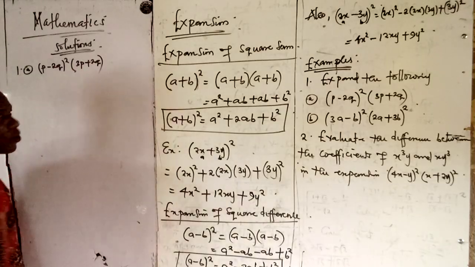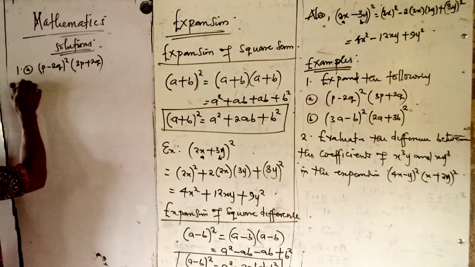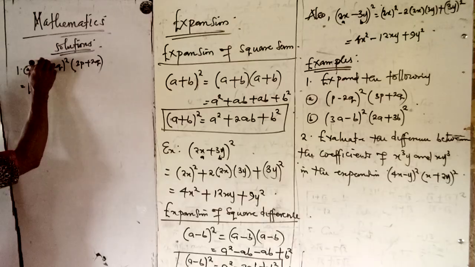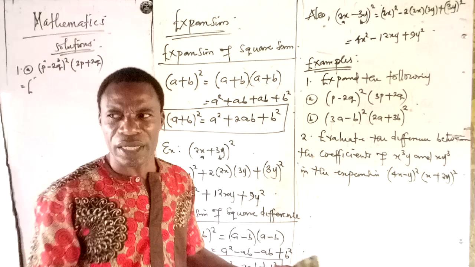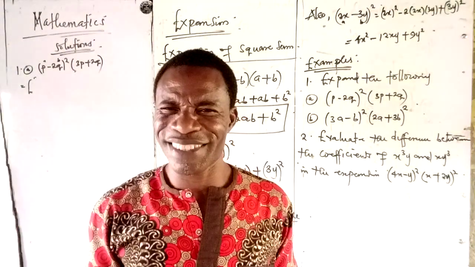What are we talking about here? We are going to expand. Now start. We know this all the way. This is a, this is b. a plus b all squared is a squared plus 2ab plus b squared.